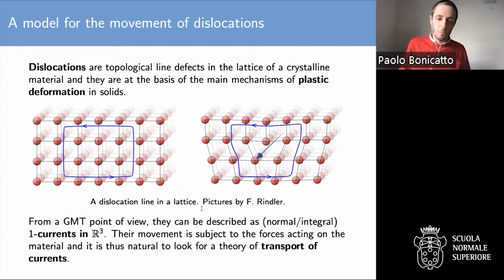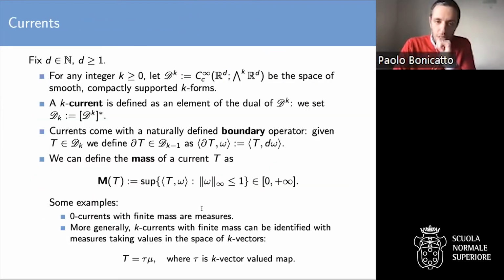All right. So as promised, let me brush up a bit on the theory of currents, just to lay down the notation that I'll be using during the talk. Currents, as most of you know very well, are linear continuous functionals on the space of compactly supported smooth differential forms.